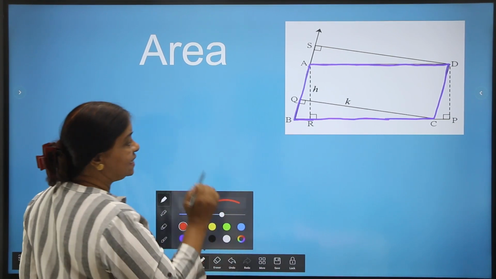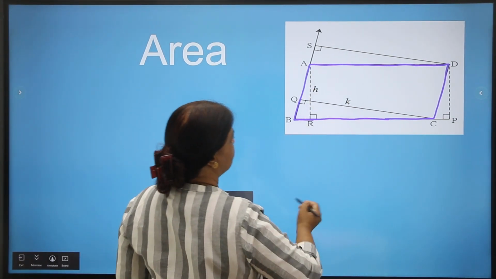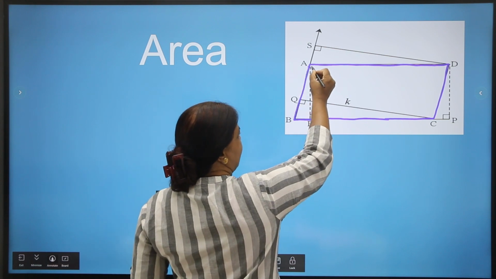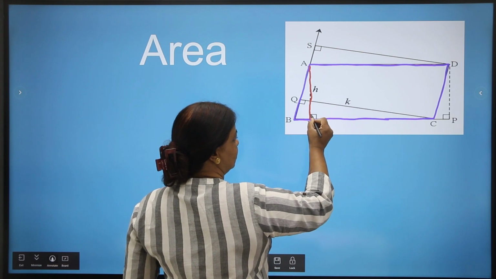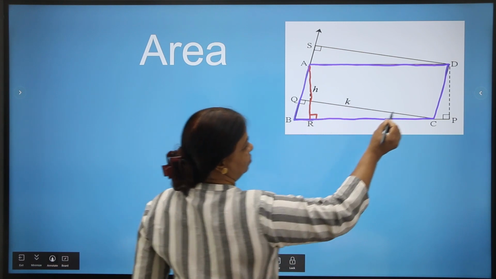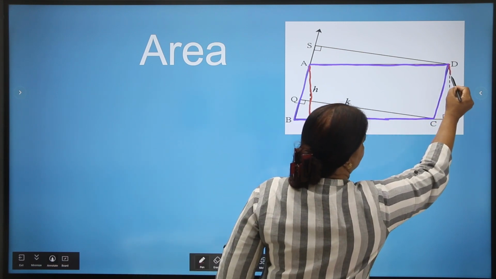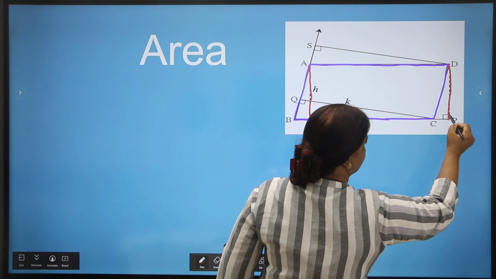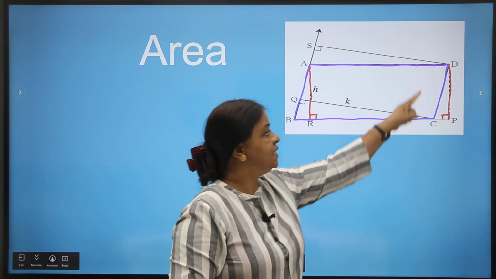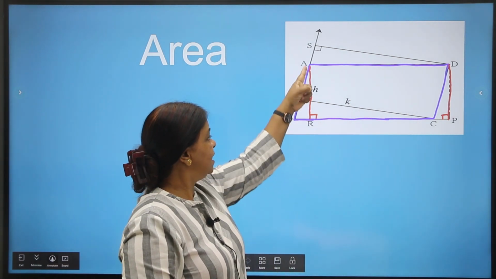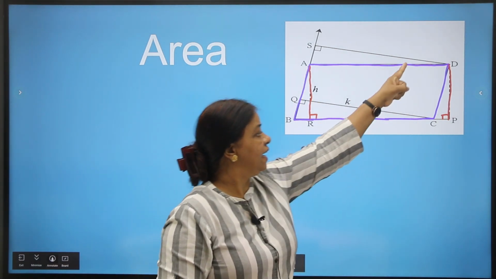Now if ABCD is the parallelogram, what is AR? AR is perpendicular height. DP is also perpendicular height. The figure parallelogram is only ABCD. So what are these red AR and DP?